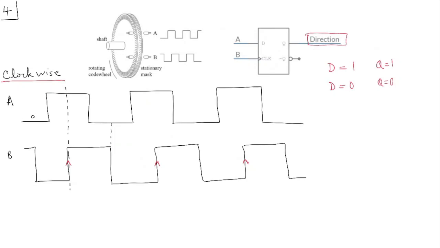Notice that whenever the positive edge of the clock arrives, A is always 1. A is 1 here, A is 1 here, and A is 1 here, which means our output is always going to be equal to 1. So when the wheel is rotating clockwise, the output, which is direction, is going to be equal to 1.